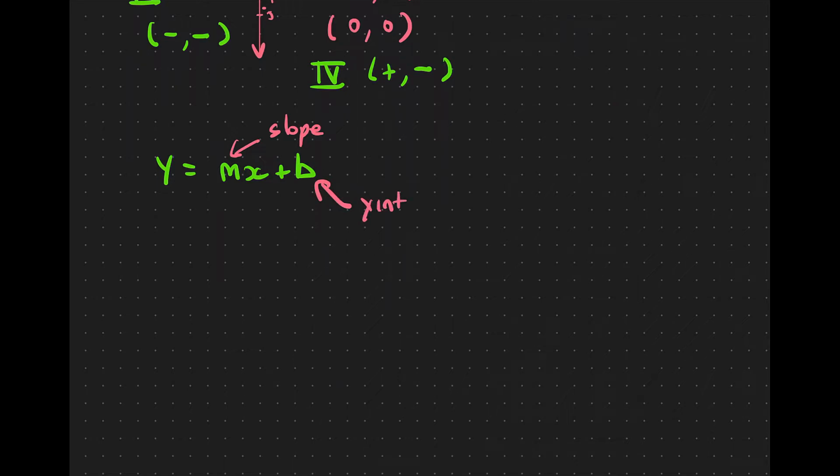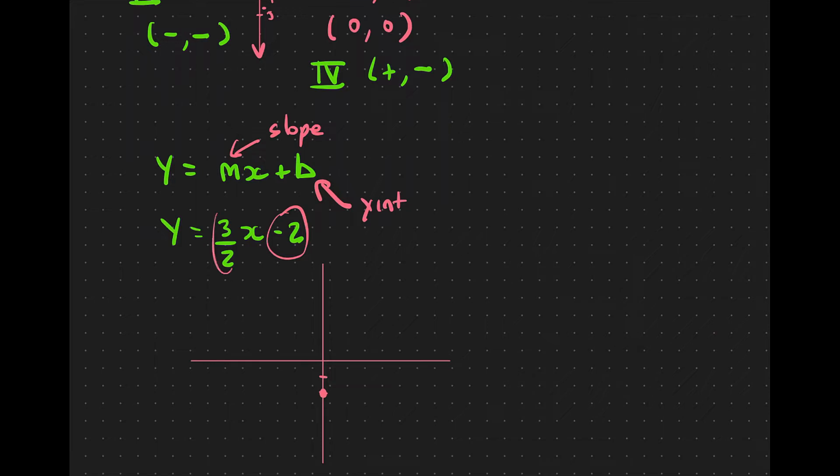So if I had the equation y = 3/2 x - 2, then when I'm looking at the Cartesian coordinate plane, we start off at this point. That's my y-intercept, which is -2. So that's where the line is going to go through that point right there.